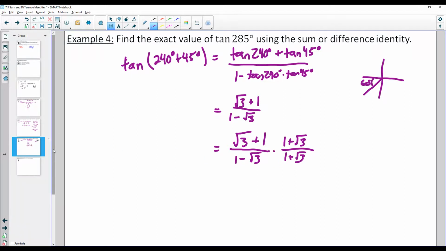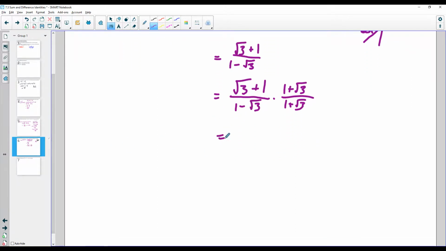Multiply it by the conjugate. And so here we're going to get this thing squared. So if we squared this, we would get 3, we'd get 2 square roots of 3 plus 4 all over 1.